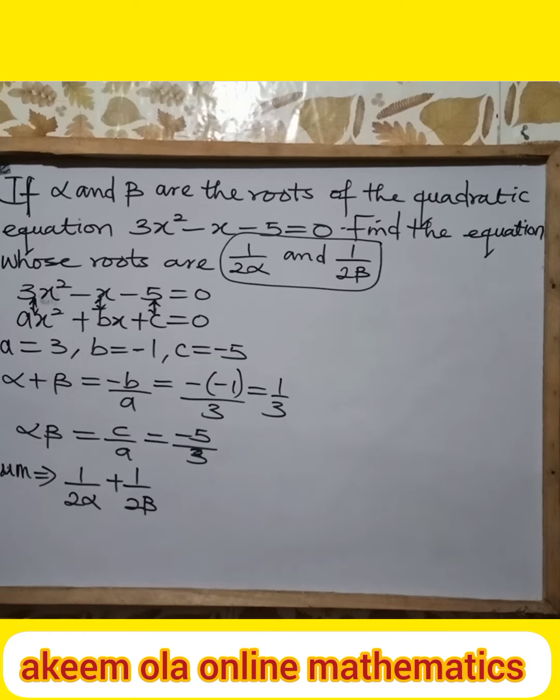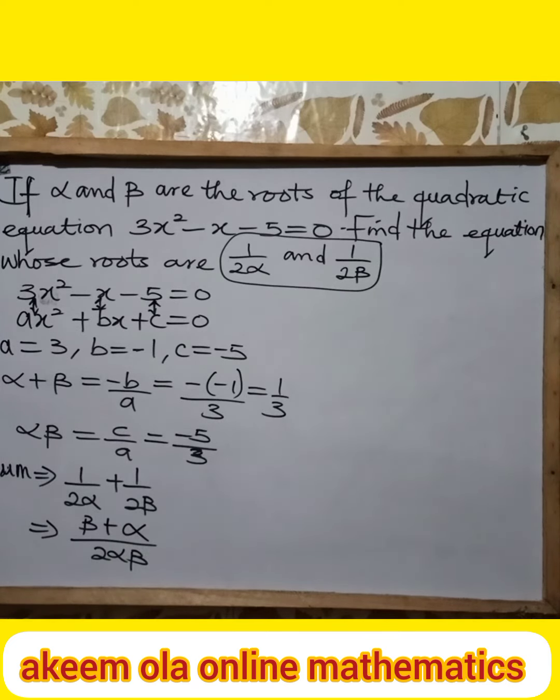Of course, this is a fraction. How do you solve a fraction? Find the LCM. The LCM will be 2 alpha beta. 2 alpha in 2 alpha beta, that is beta. Beta times 1 will give us beta, plus 2 beta in 2 alpha beta, that is alpha. Alpha times 1 will give us alpha.